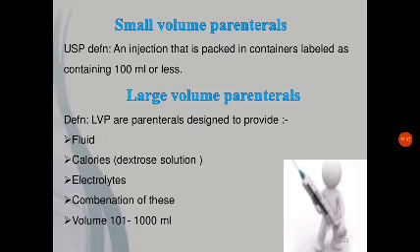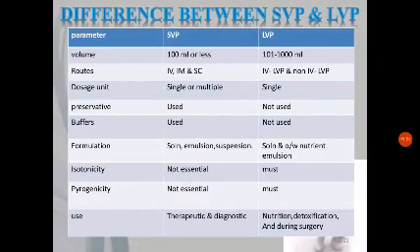Commonly, injections of drugs are given as a small volume for a particular therapeutic purpose, and large volume parenterals commonly given are TPN, that is, for giving calories, fluid replenishment, electrolytes, or a combination of the above. More than 100 ml are called large volume. So these are the various differences. In terms of sterility, large volume parenterals have the upper hand, and the specific requirements are also there.